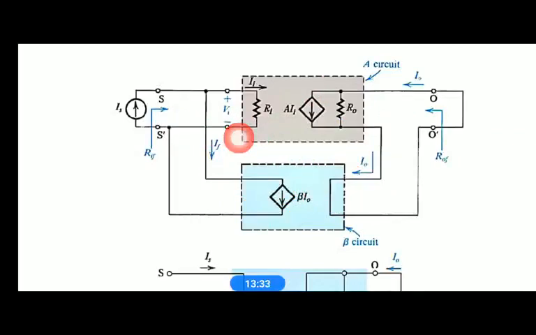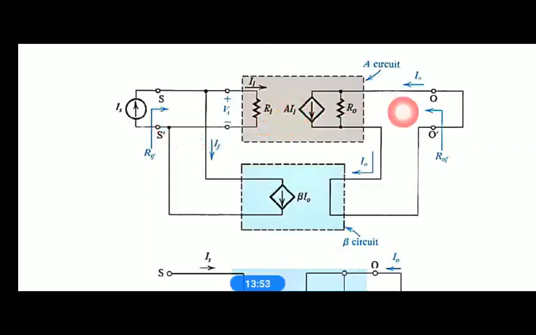This is a current amplifier: the input we are applying is a current, and the output we are getting is also a current. For the open loop amplifier, the input current is II and the output current is I0, so the gain A is I0 by II.